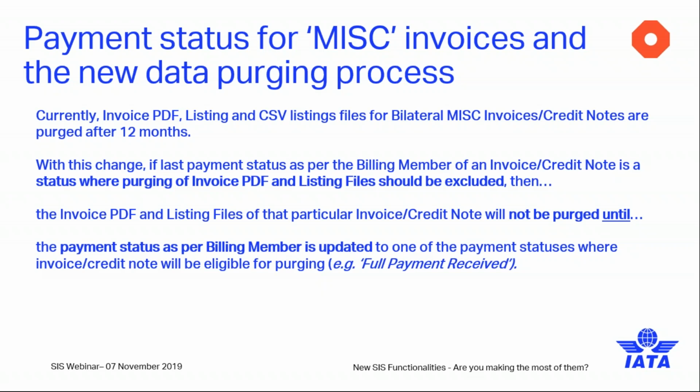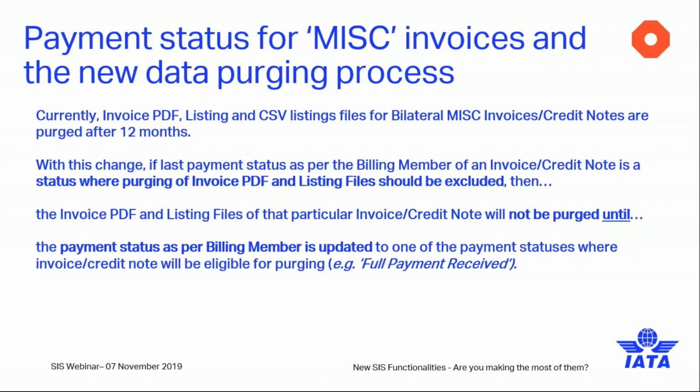With this change, if the last payment status as per the billing member, in other words, who's billing you, of an invoice or credit note is a status where the purging of invoice PDF and listing files should be excluded, then the invoice and listing files of that invoice will not be purged until the payment status as per billing member is updated to one of the payment statuses where the invoice or credit note will be eligible for purging.